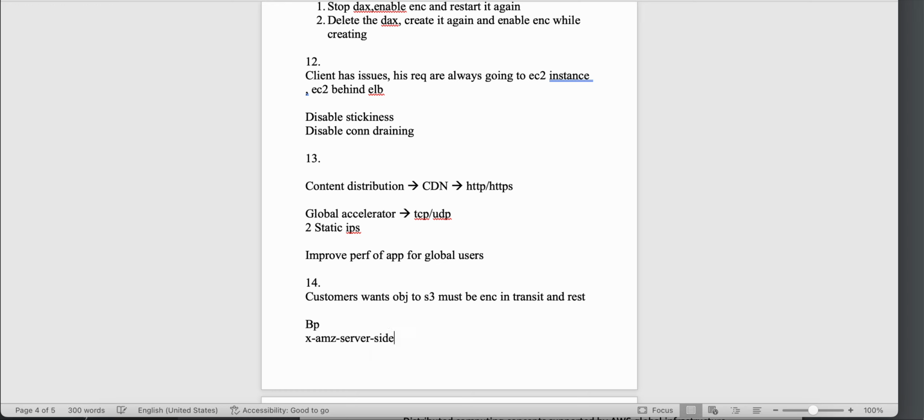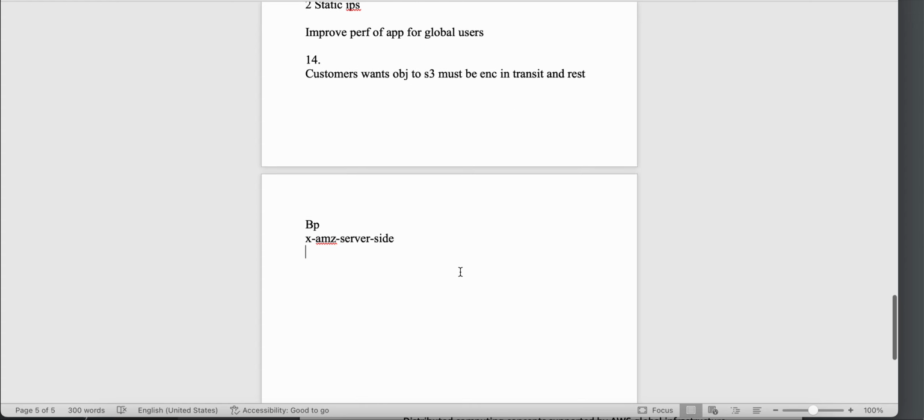Basically, it means that when this header is present, only then will the bucket policy allow the object to be uploaded. And for the in-transit one, there is a condition key called aws:SecureTransport that you can add in your bucket policy. Basically, it's for enforcing HTTPS SSL connections. If you have any confusion, you can read about these headers.